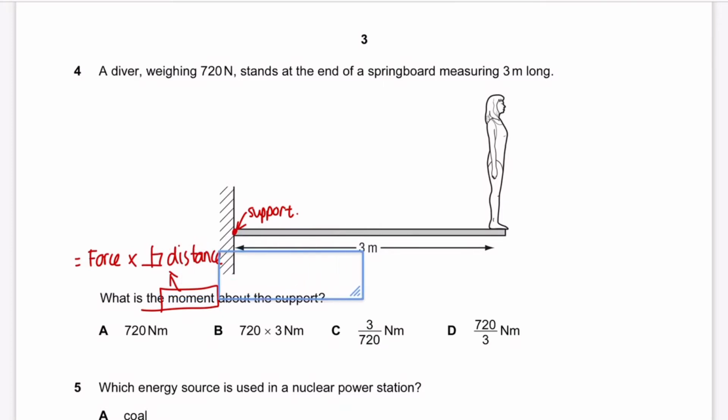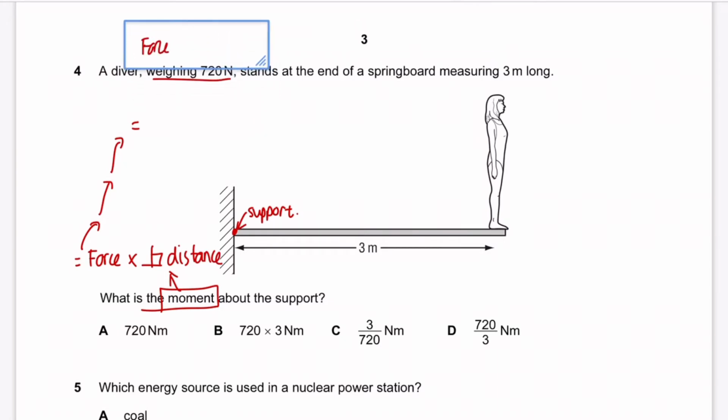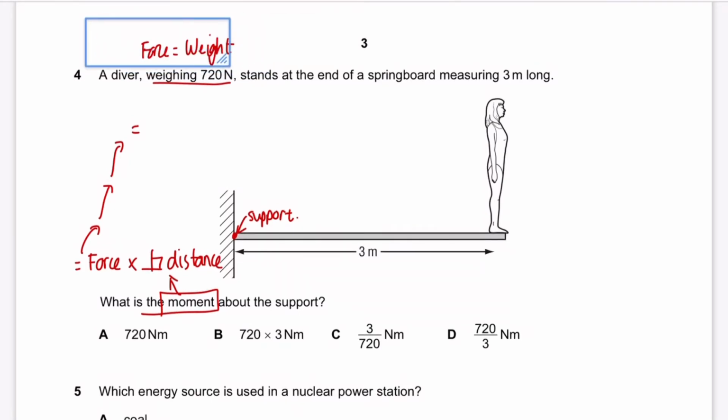So using this equation, let's draw more arrows going up. Okay, using this equation, we know our force. Our force is the weight. Force in this case is the weight. Why? Because they both have the same units. Force is measured in Newton as well as weight.